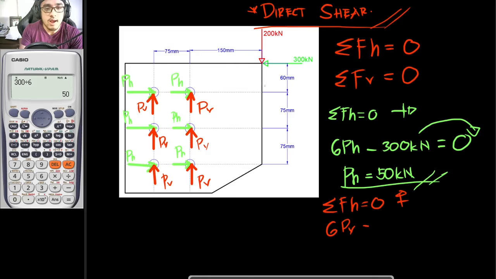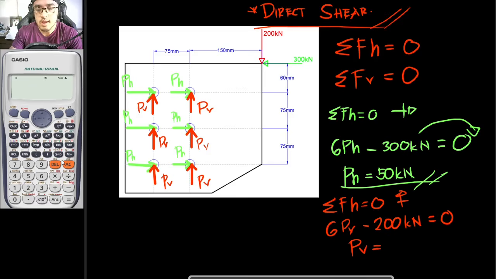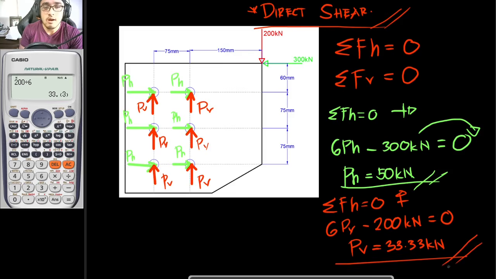And we would be subtracting this load right here, which is directed downwards, so minus 200 kilonewtons, equal to 0. And solving for our PV, transposing negative 200 to the other side, that would be positive 200 divided by 6. So our answer for our PV would be 33.33 kilonewtons. So this would be our direct shear.